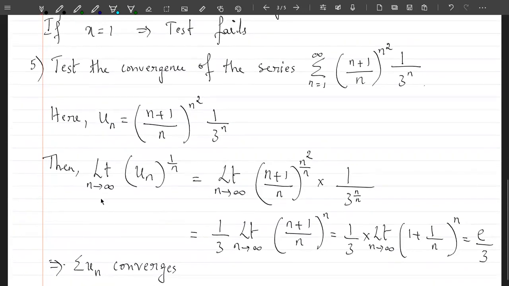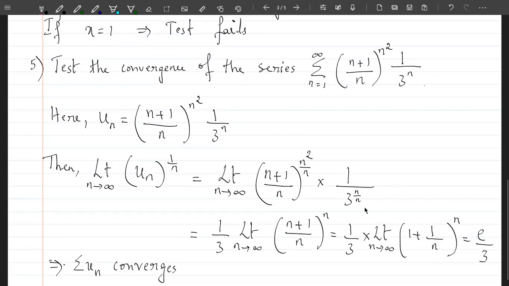So if you calculate limit n tending to infinity un power 1 by n, what I get is this term with power 1 by n. So I get ((n plus 1) by n) power n square divided by the power n, and I get 1 by 3 power n by n. Now what is this value?